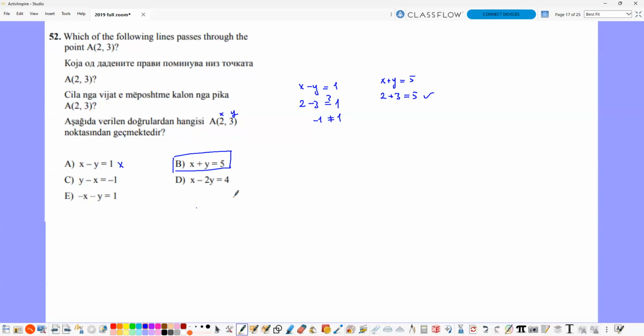The rest of the answers shouldn't be equal to, I mean, y minus x. When you try y minus x, 3 minus 2, it shouldn't be equal to minus 1. Because if it is, then we have multiple answers for this question. But we tried this one in the previous videos. So B is the answer of the question.